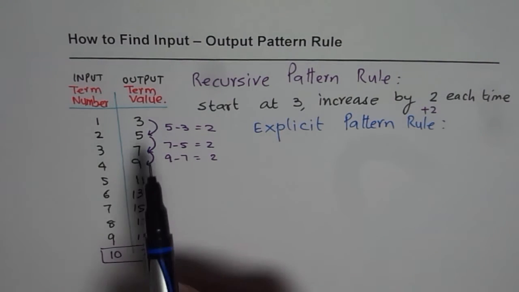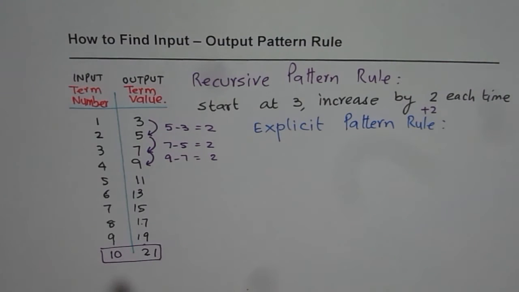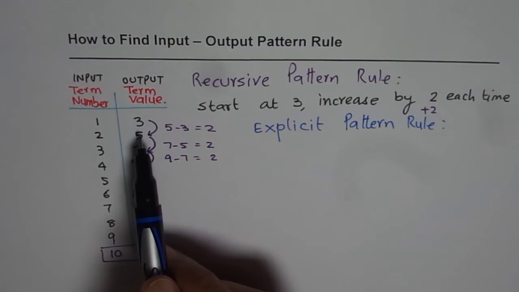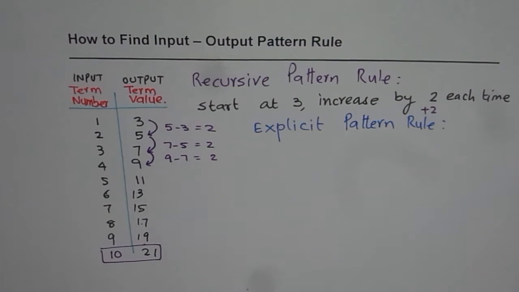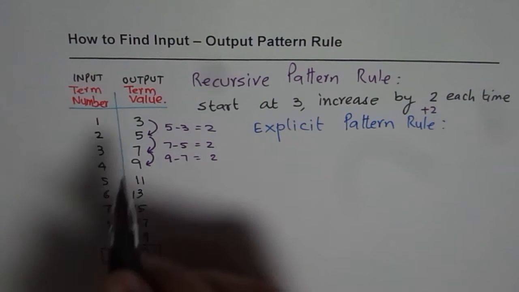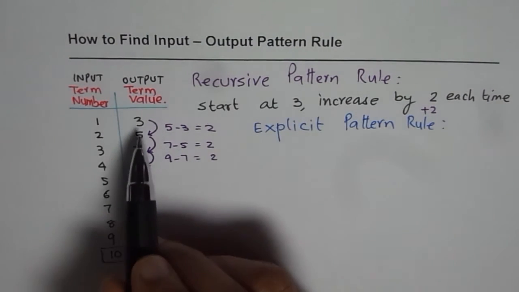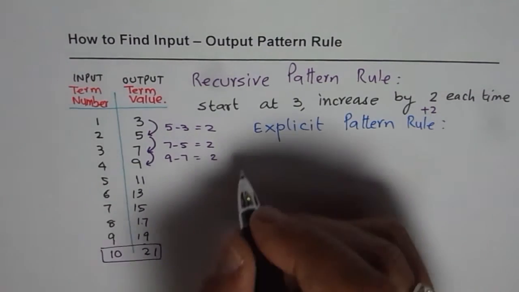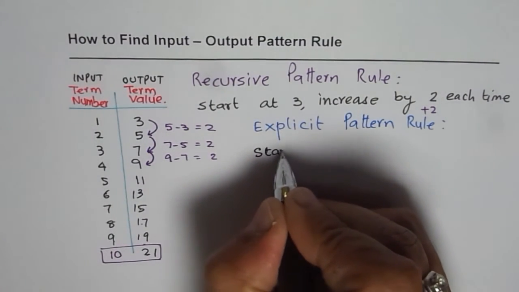Now for that, we use the information which is given to us. Two important things to see from here are, first, what is our starting number? We also call that the initial value, right? So we say start at 3, so that is our starting number.